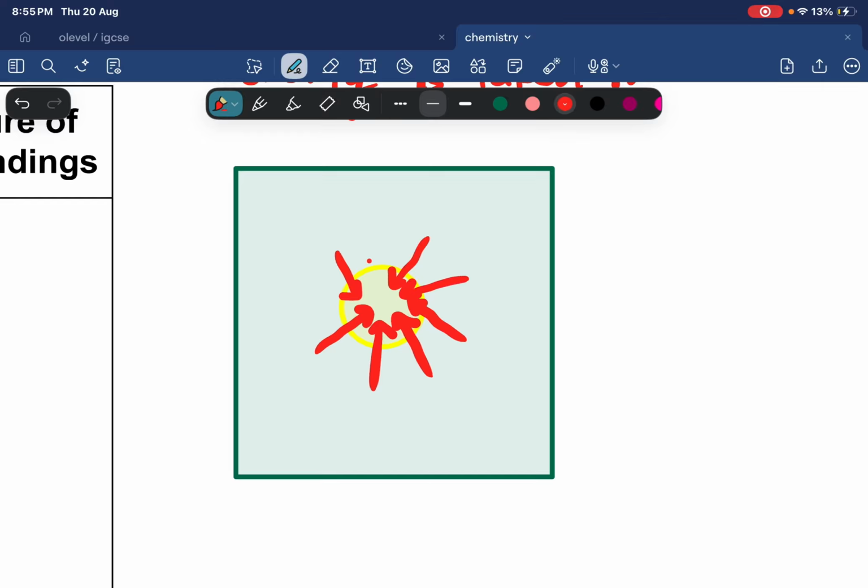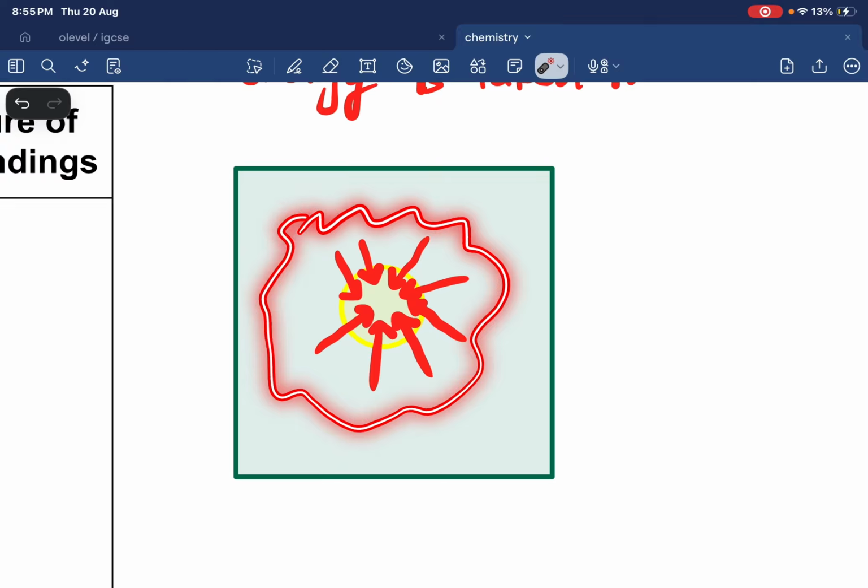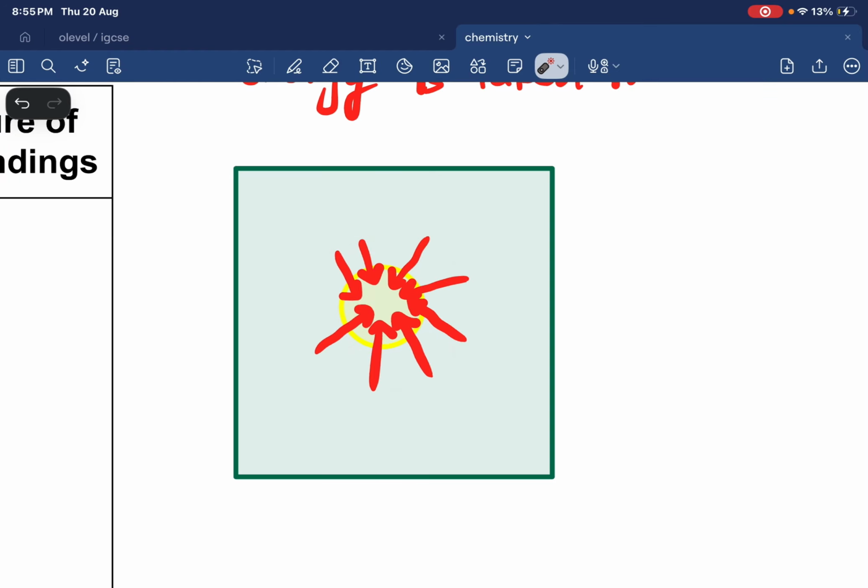The energy of the surroundings, this green part, is going into the yellow part.